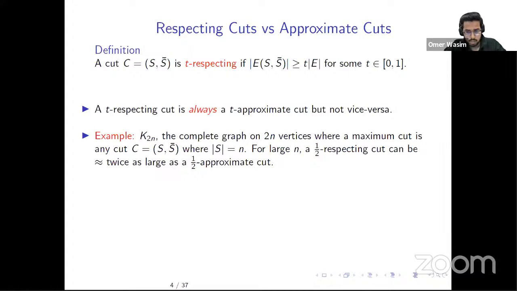This trivially implies that a T respecting cut is always a T approximate cut, because the number of edges E is an upper bound on the number of cut edges in any cut. However, the difference in the number of cut edges between a T approximate and a T respecting cut can be a constant fraction of the total number of edges for certain graphs, such as the complete graph on 2n vertices.